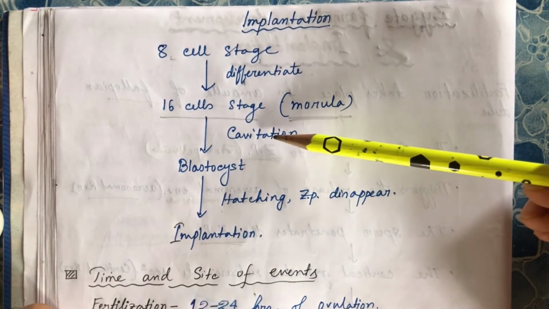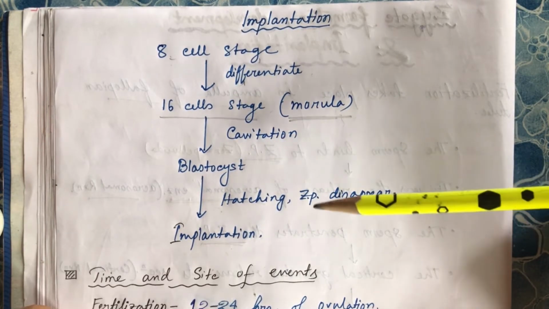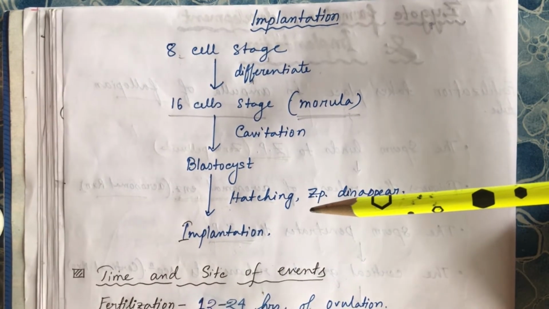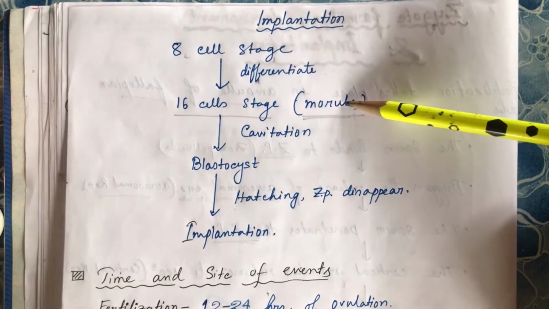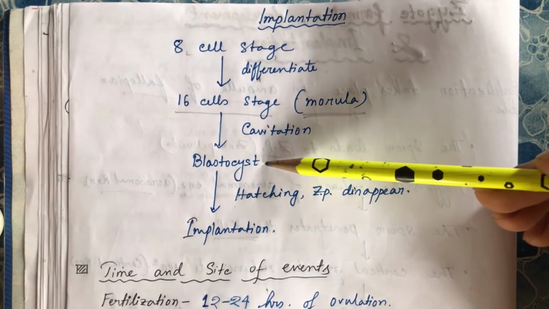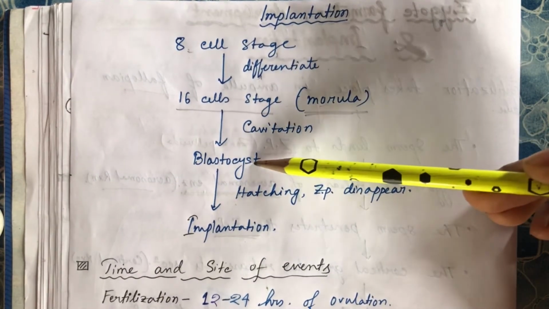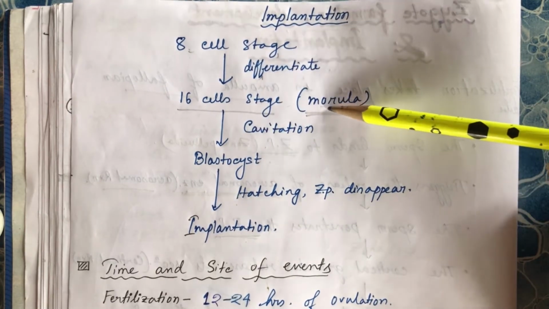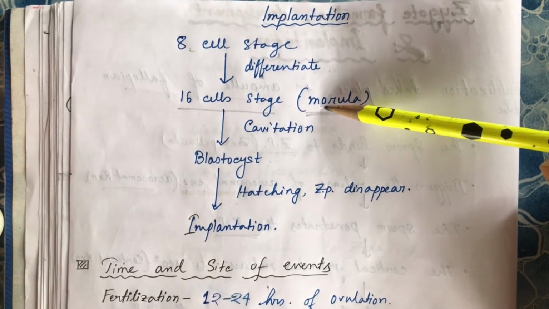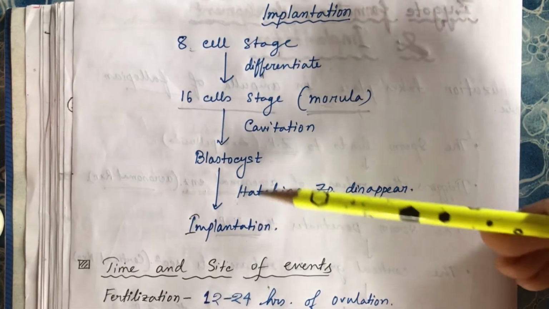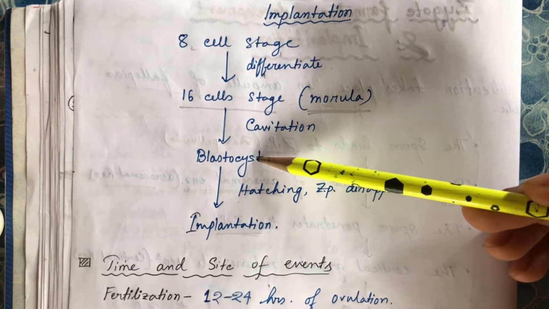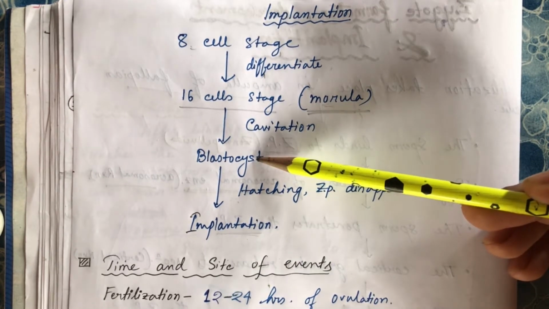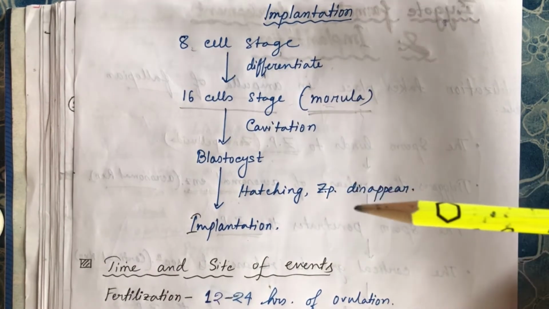So what is cavitation? We all know that cavitation is the fluid filled cavity formed inside the morula, and the morula transforms into the blastocyst. The difference between morula and blastocyst is that the morula is a solid ball of cells, whereas in the blastocyst there are cavities and tight junctions.